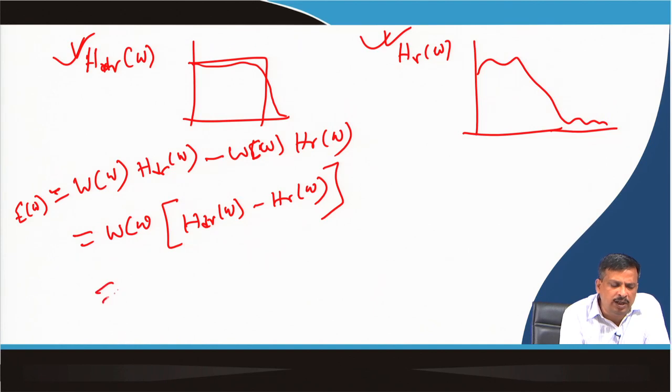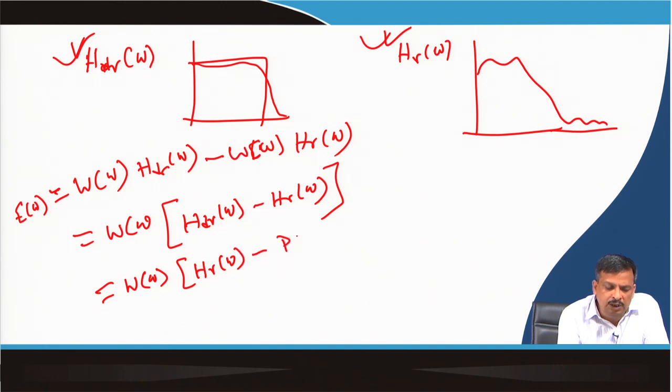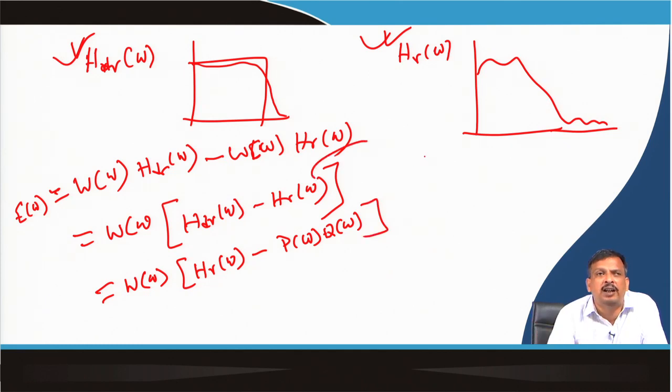Now, what is H_R(ω)? I can say W(ω)(H_dr(ω) minus P(ω)Q(ω)). H_R(ω) is nothing but Q(ω) times P(ω).